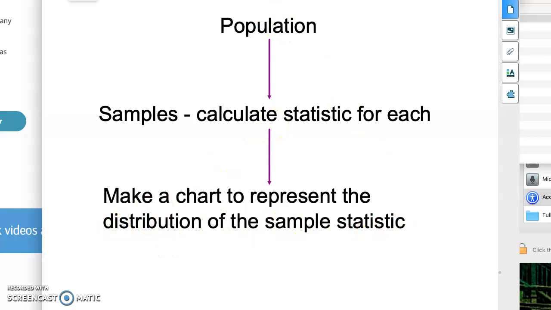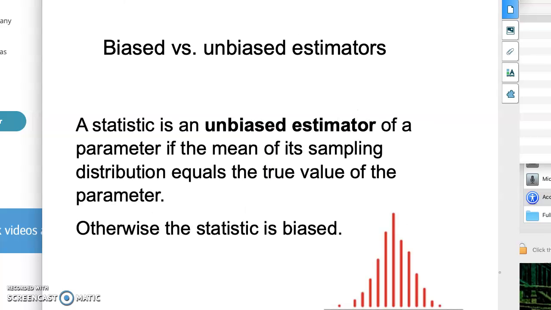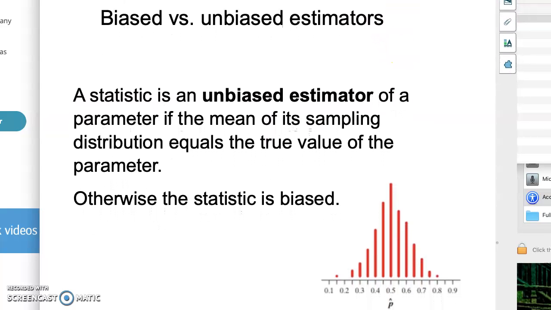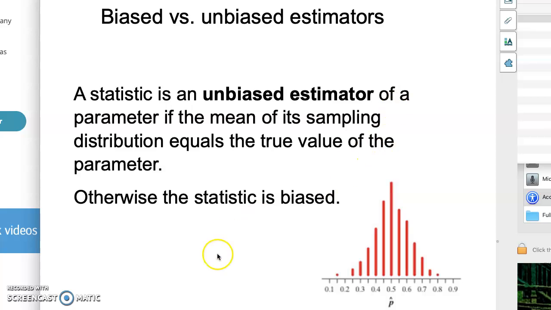Now the other part of the chapter talks about biased versus unbiased estimators of the population parameter. We say a statistic is an unbiased estimator of a parameter if the mean of the sampling distribution equals the true value of the parameter.